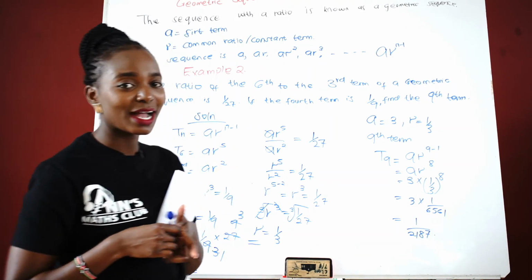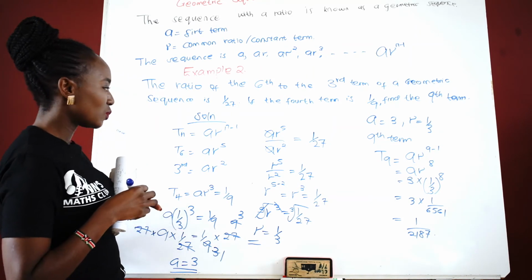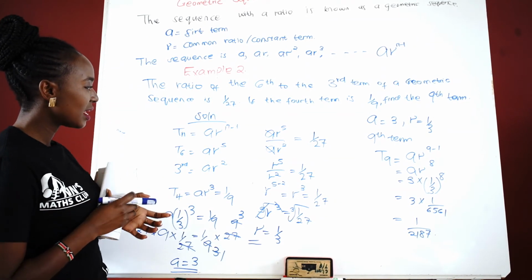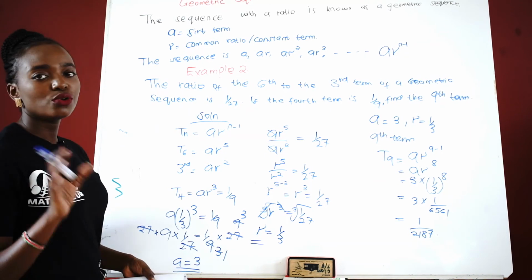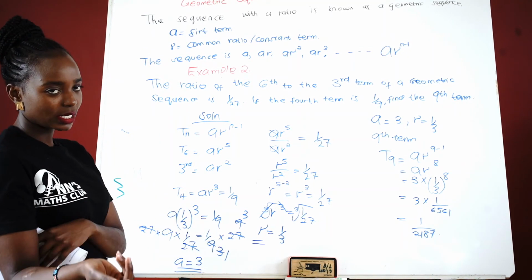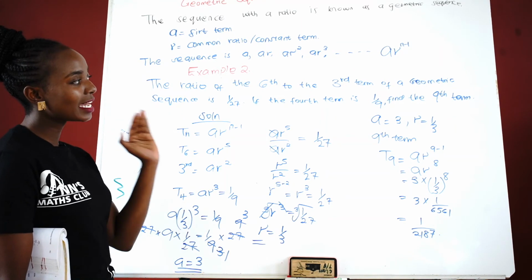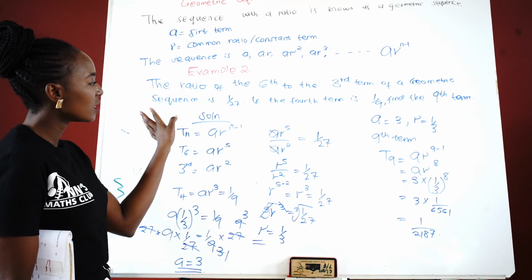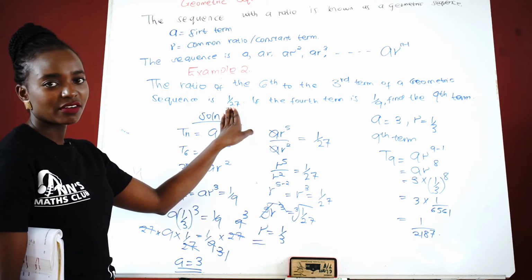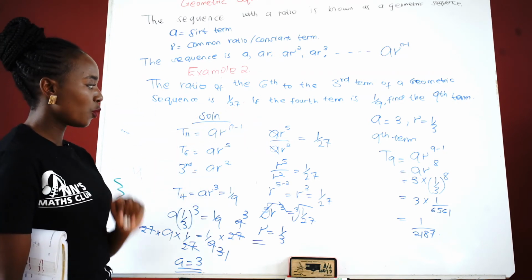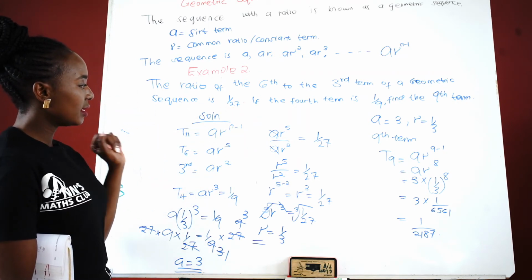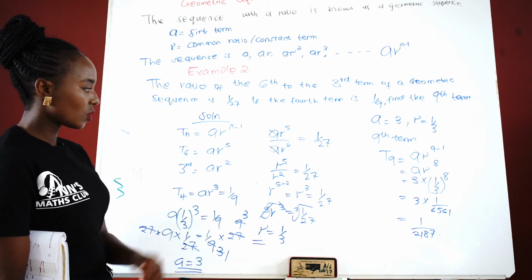So I'll just do a recap of this slowly so that we can understand. Just like we've said, you use what you have to find what you need. So we've been told the ratio of the 6th term to the 3rd term of a geometric sequence is 1 over 27. So let's work till that point. We know the formula is AR^(n minus 1).